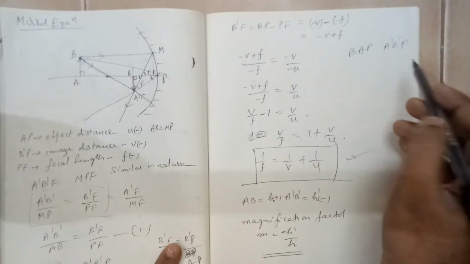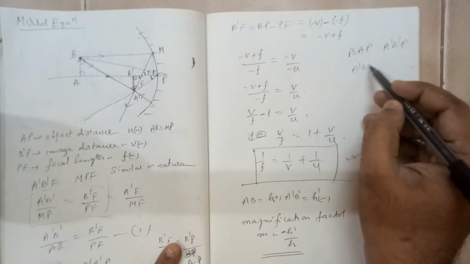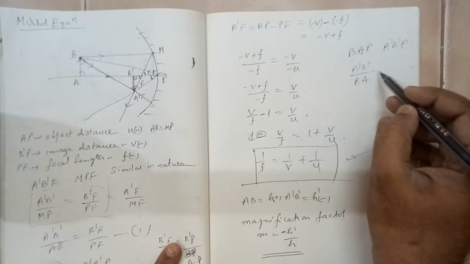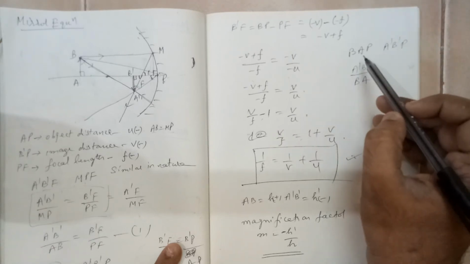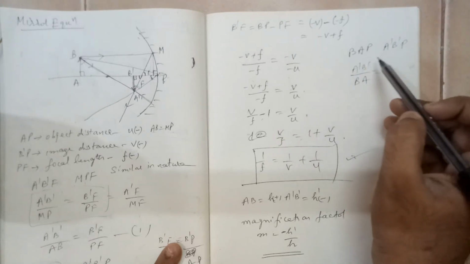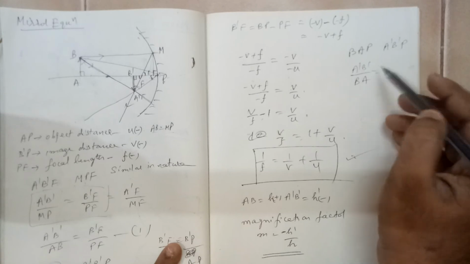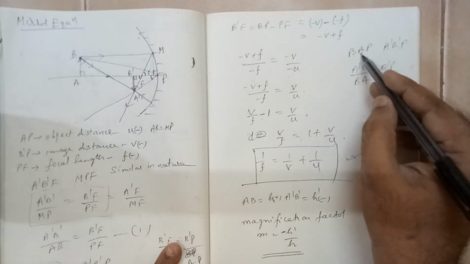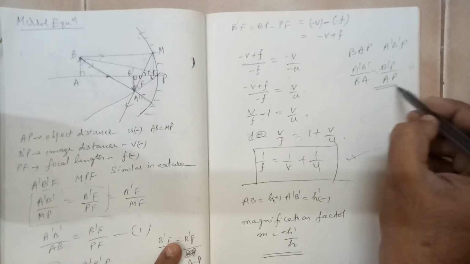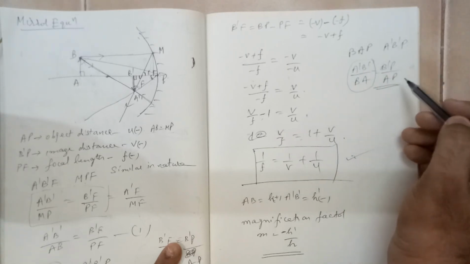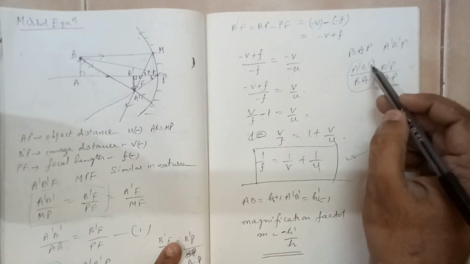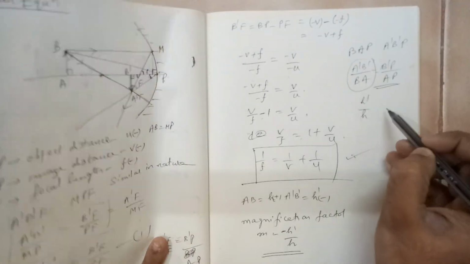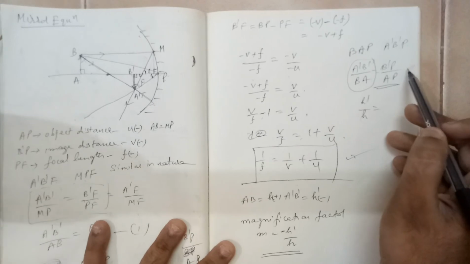So A dash B dash divided by BA is equal to, let us convert this into the known terms, B dash P divided by AP. Now A dash B dash by BA is H dash divided by H, equal to B dash P divided by AP.